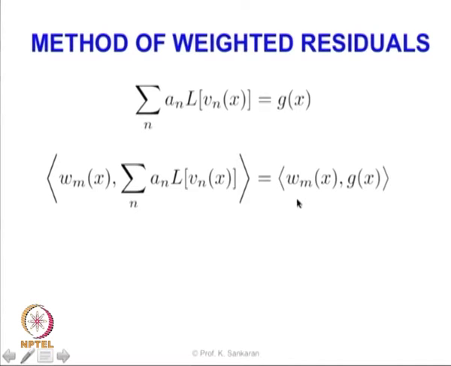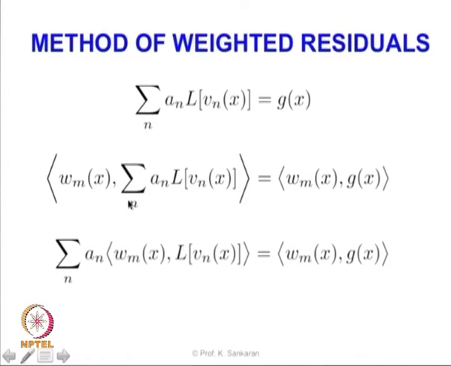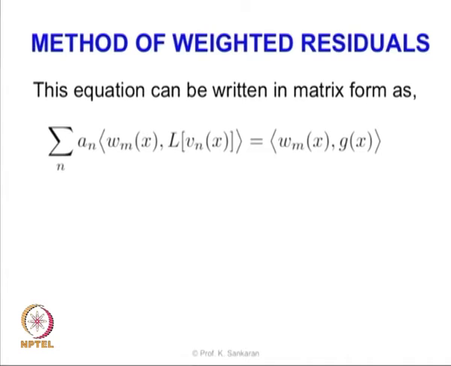So we can take the summation and expansion functions out. So it will be the inner product between w m of x comma L of v n of x is equal to the right hand side, and this equation can be written in the matrix form as follows.